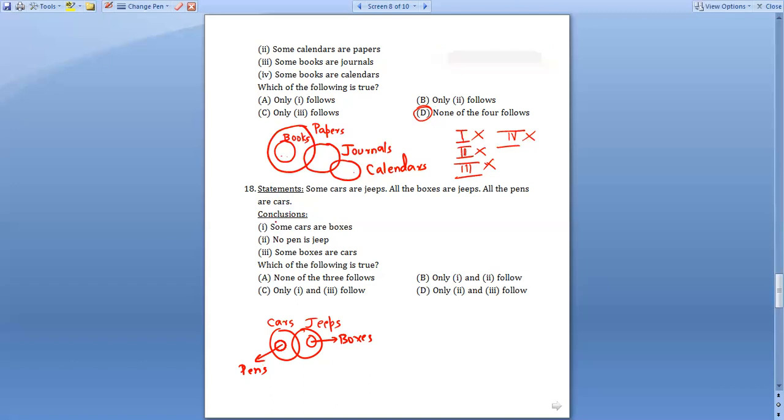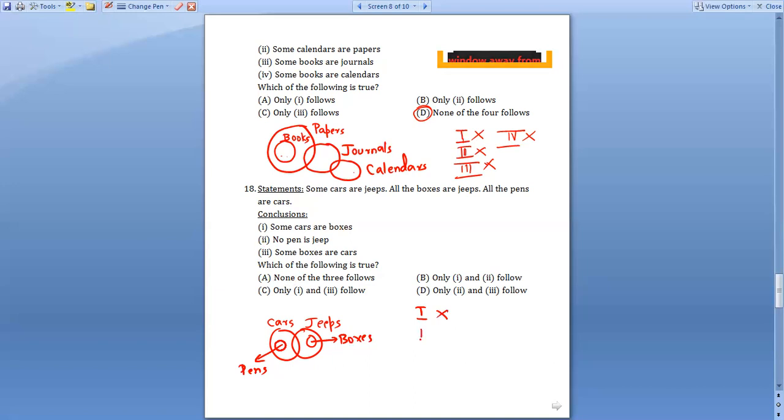Now let us go through the conclusions here. Conclusion 1, some cars are boxes. We cannot say anything about this because cars and boxes are not directly connected. So conclusion 1 doesn't follow.